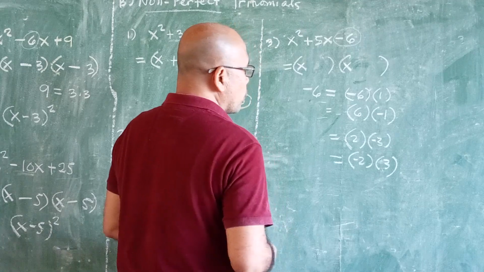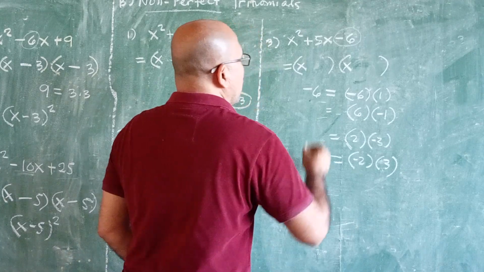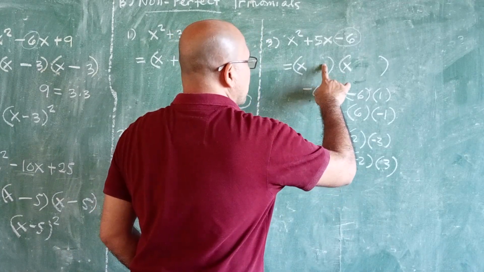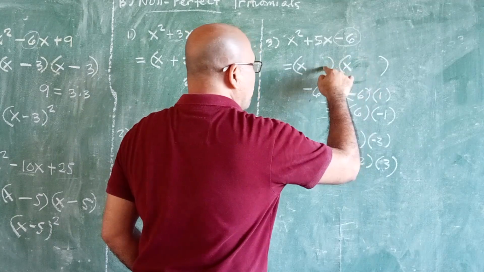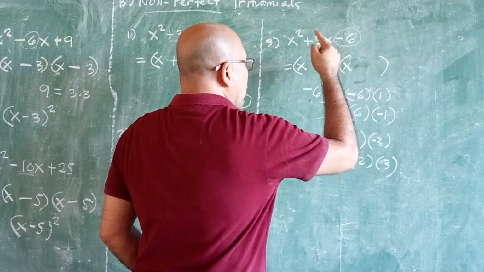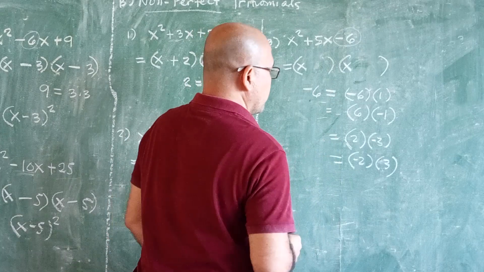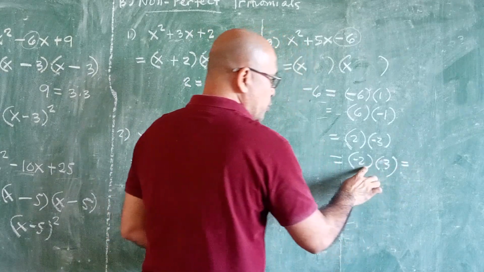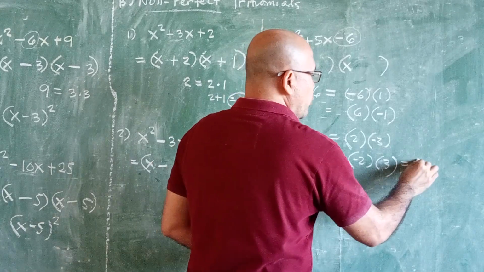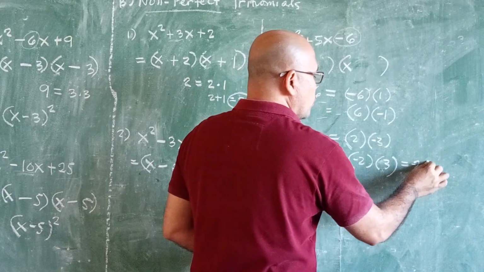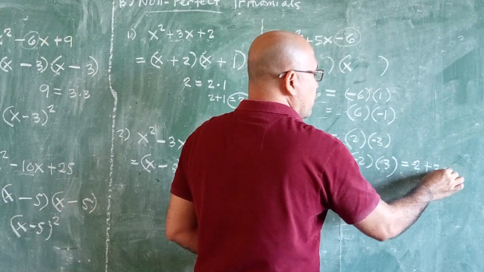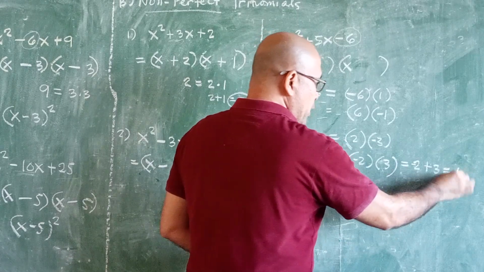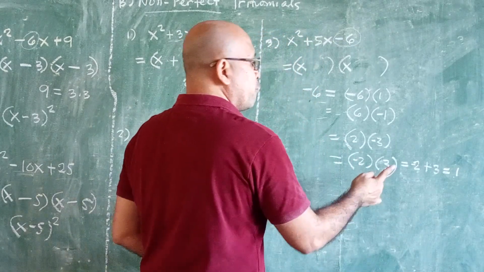Then after that, you decide what should be the last term here in every binomial, including the operation, by simply adding the factors. And you may have negative 2 plus 3, the result is positive 1. Get your difference.